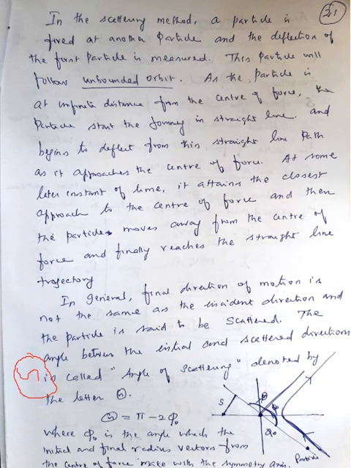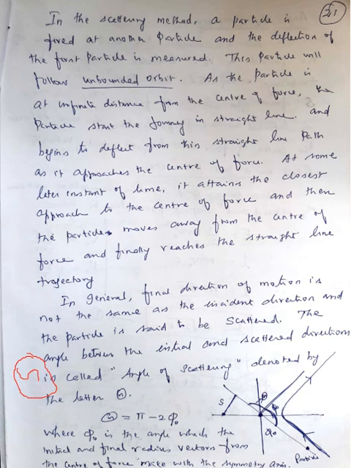Let us consider that this particle is coming from infinite distance, comes in a straight line path and hits the particle. It begins to deflect from its straight line path as it approaches the center.